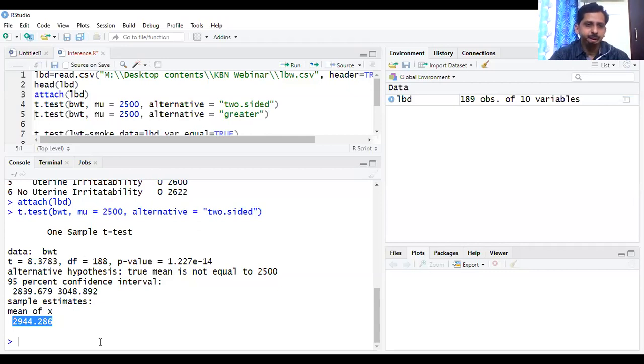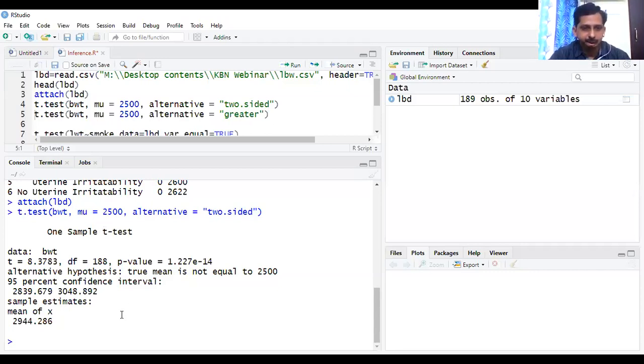What about the interval estimate? This is the interval estimate, where the average birth weight of the baby in this particular data ranges from 2,839.67 to 3,048.